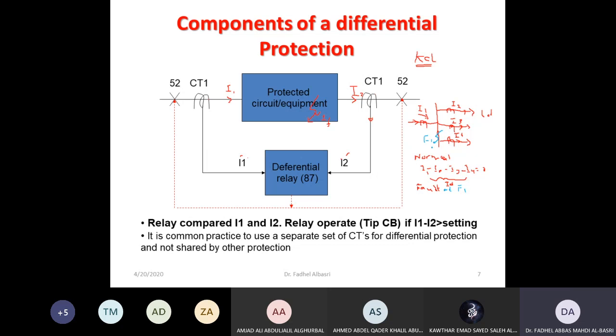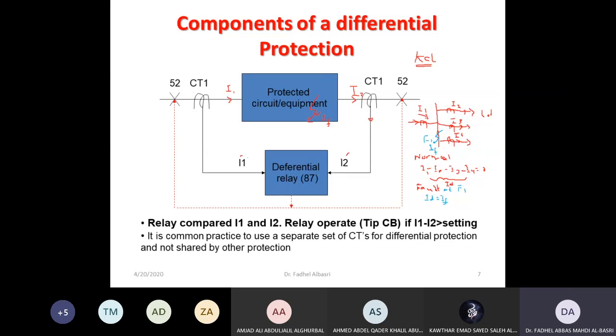I'll call this I fault, which goes to the fault. If you subtract I1 minus I2 minus I3 minus I4, what will I differential be in this case? It equals I fault.